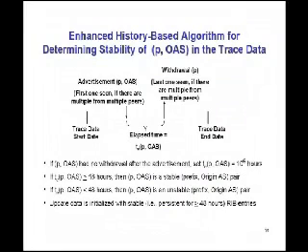Now we go into the history-based algorithms. This is an enhancement of PGBGP here. So we have a trace data start date and a trace data end date. That is our history period. We choose 6 months in our analysis. And during this time, we see the prefix origin advertisements and the prefix withdrawals.